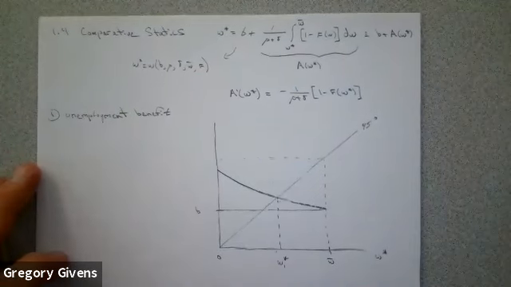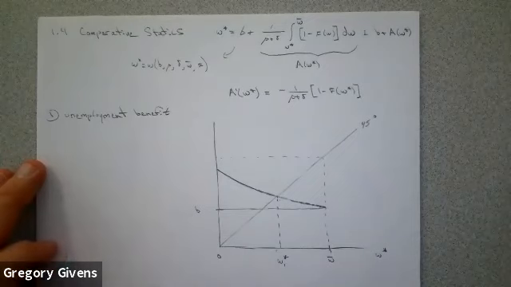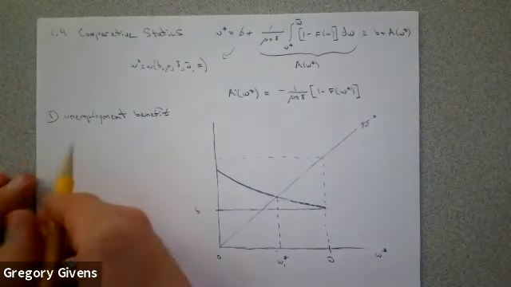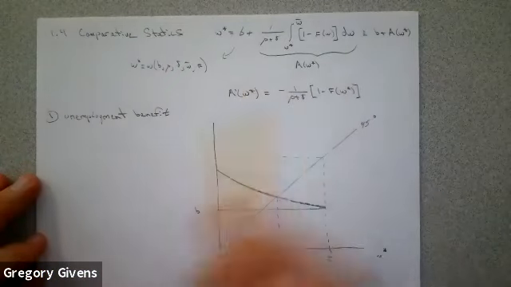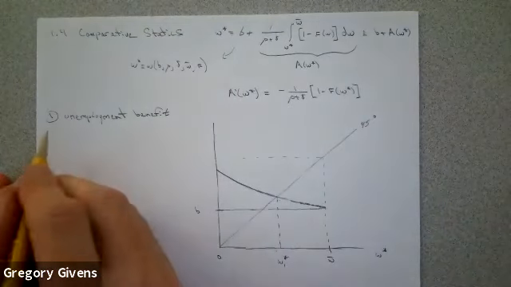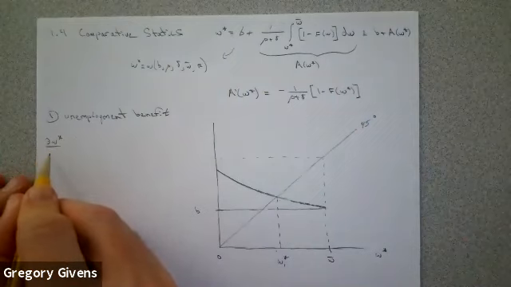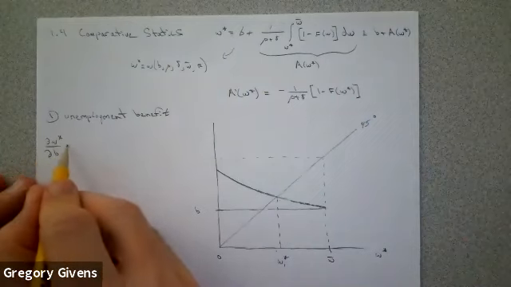So W bar and capital F. If we were to take the derivative of this equation with respect to B and solve for dW star dB, here's what it would look like.